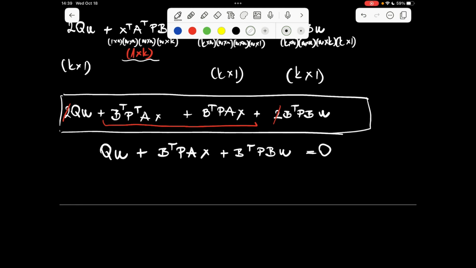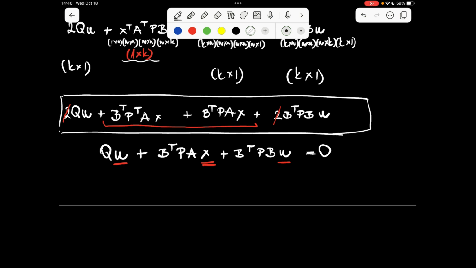And we find u here and here, and x here. So the whole guy can be wrapped up in this much simpler form.